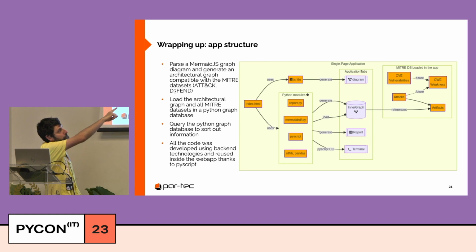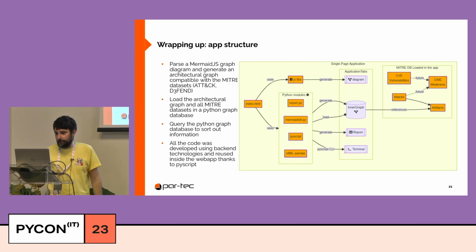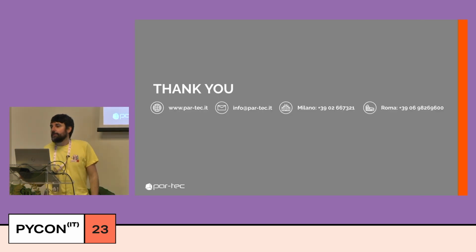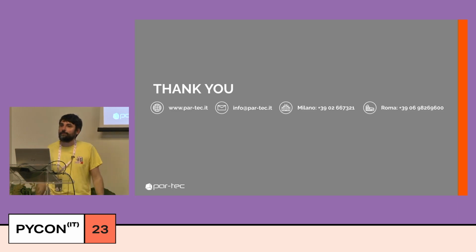They reference the MITRE databases loaded in the app. And then it generates the reports. And, well, you even have a terminal, but it's not interesting. Thank you. Well, that's it. I hope it's fun.